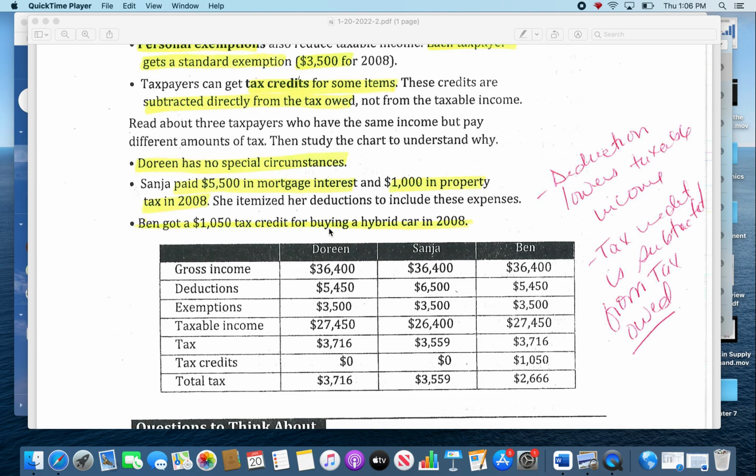Ben doesn't have any deductions, so he's going to use the standard deduction. He's going to also use his exemption. So his taxable income is going to be the same as Doreen's. So he owes $3,716. But what you notice is that he gets a tax credit of $1,050 for buying the hybrid. So we deduct that whole entire amount from the amount that he owes.